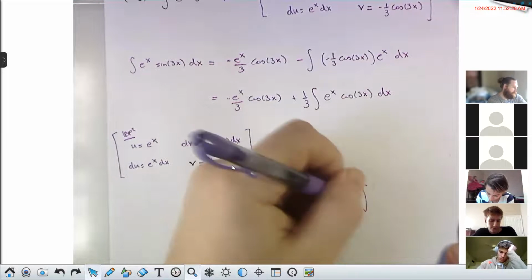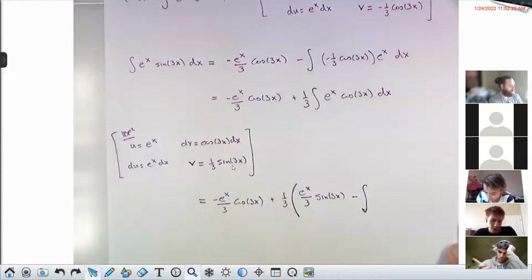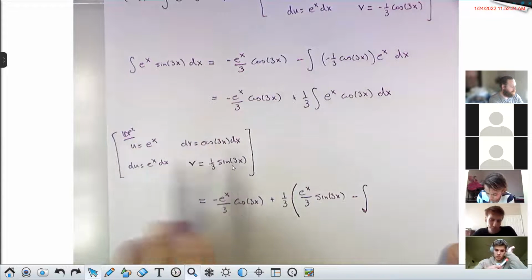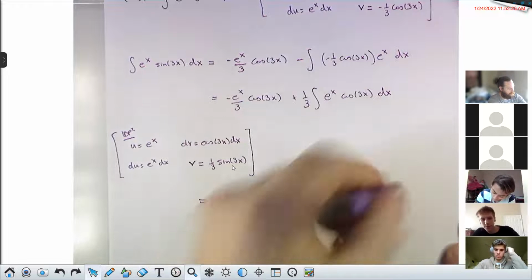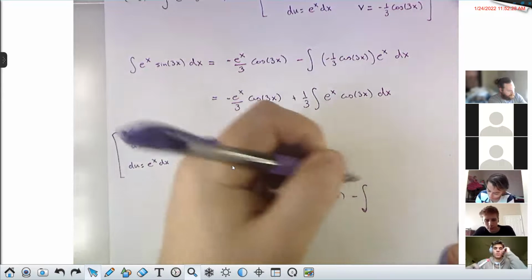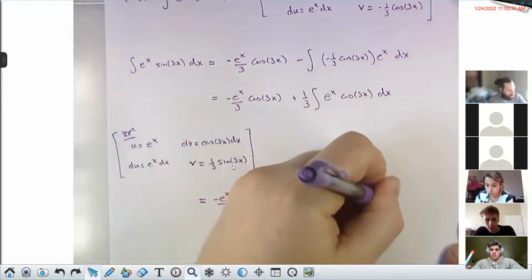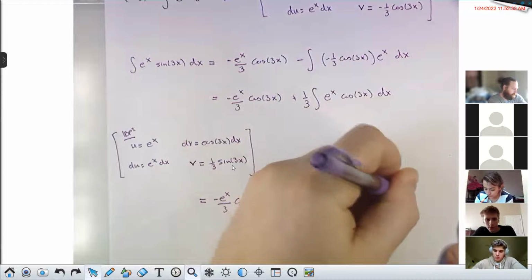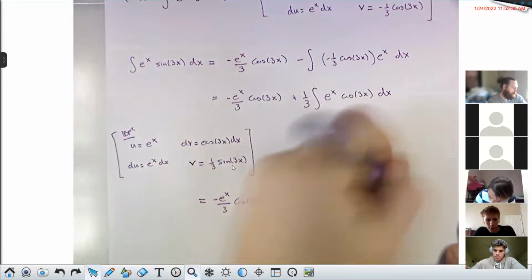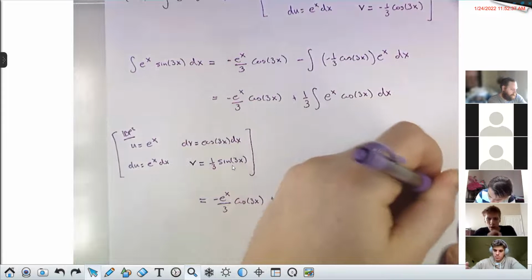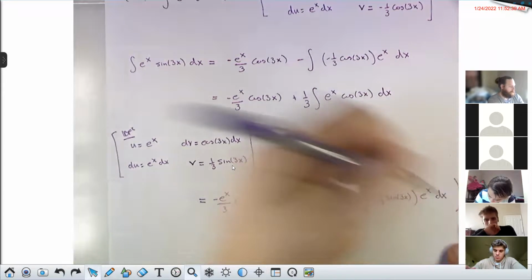Minus the integral of v times du, which is 1/3 sine 3x times e to the x dx. And close that big paren.